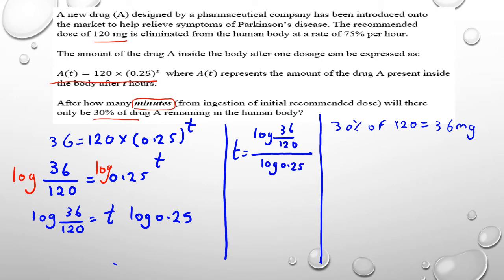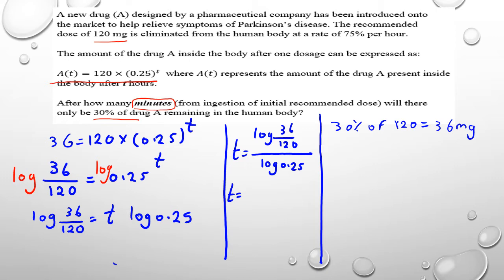Now how would you calculate that in the calculator? In the calculator you would press the log button, open bracket, 36 divided by 120, close the bracket, and get the answer. I'm not going to write the answer or round it. The next step, I'm going to divide by log 0.25.